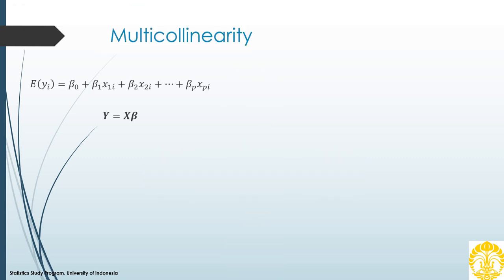Multicollinearity is the problem where, for example, in multiple regression, we have x1, x2, all the way to xp.